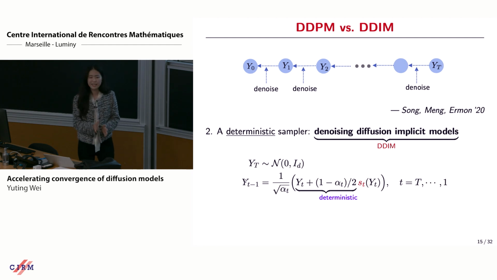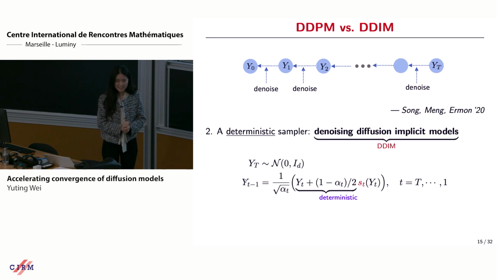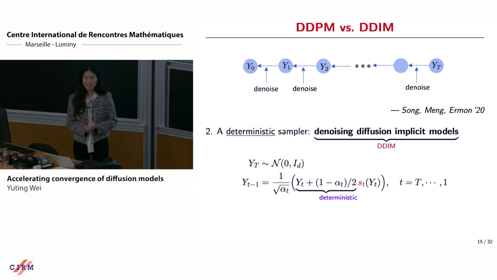Oh, the alpha t. I will tell you how to choose alpha t here. The alpha t is pre-designed, so pre-chosen, for a fixed sequence of alpha t. Yes, I will specify that. Any other question?